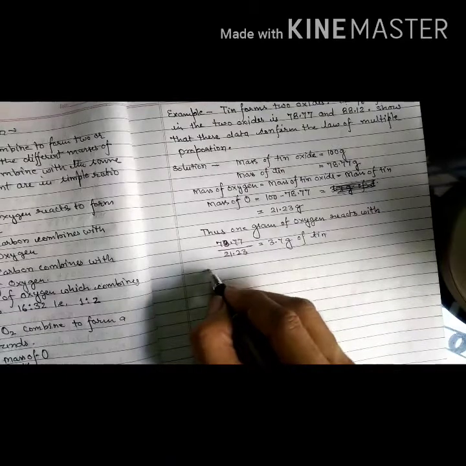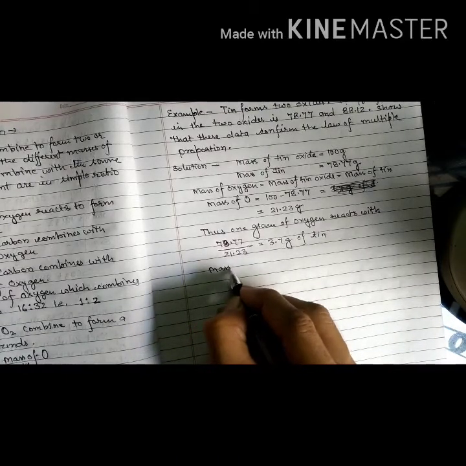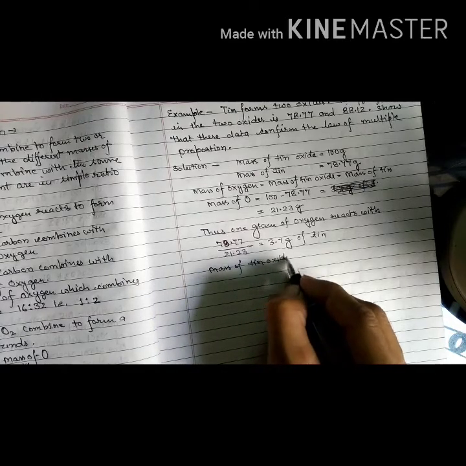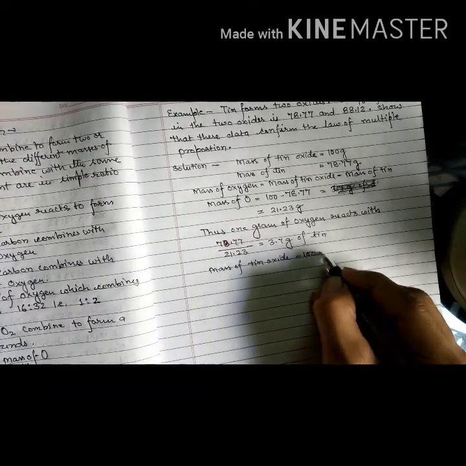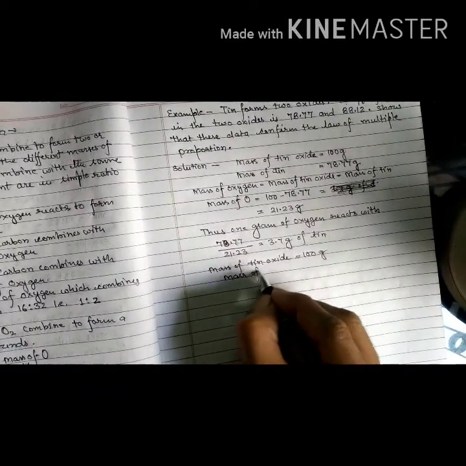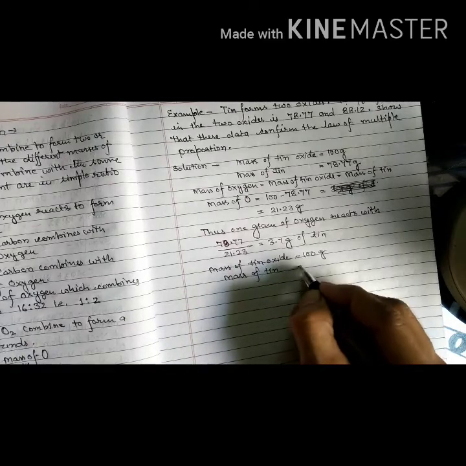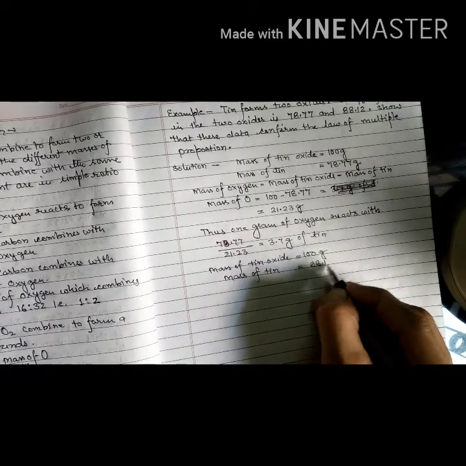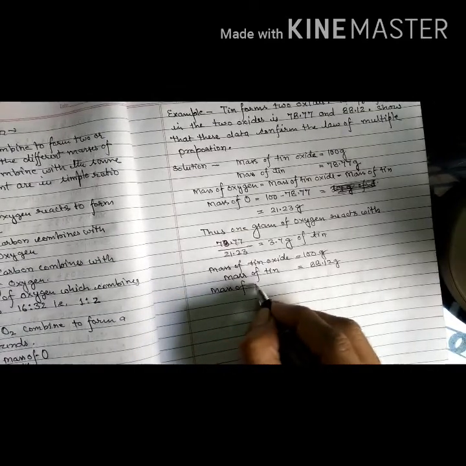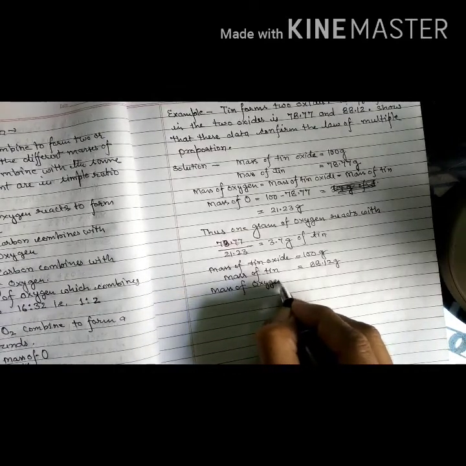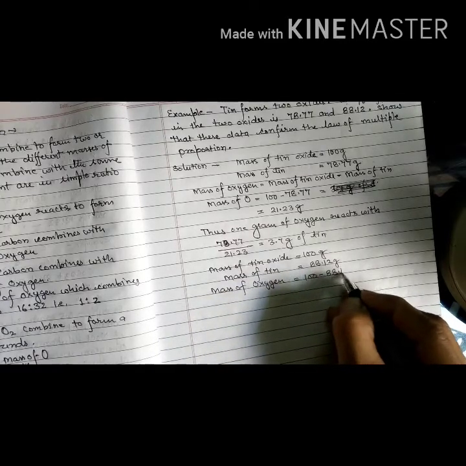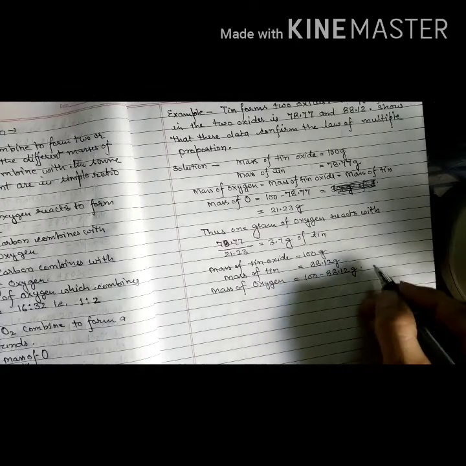In the second case, mass of tin oxide is equal to 100 gram. Mass of tin is equal to 88.12 gram. Mass of oxygen is equal to 100 minus 88.12 gram.